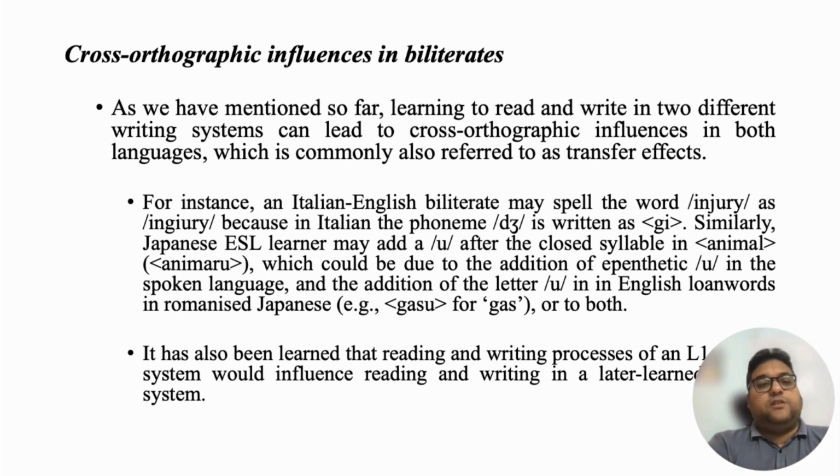Similarly, Japanese English language learners may be tempted to add a u after the closed syllable, for example "animaru", which could be due to the addition of this epenthetic u in the spoken language.